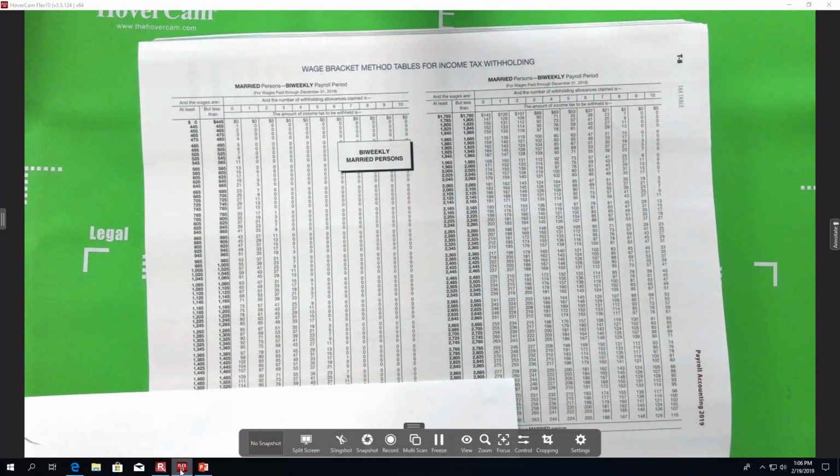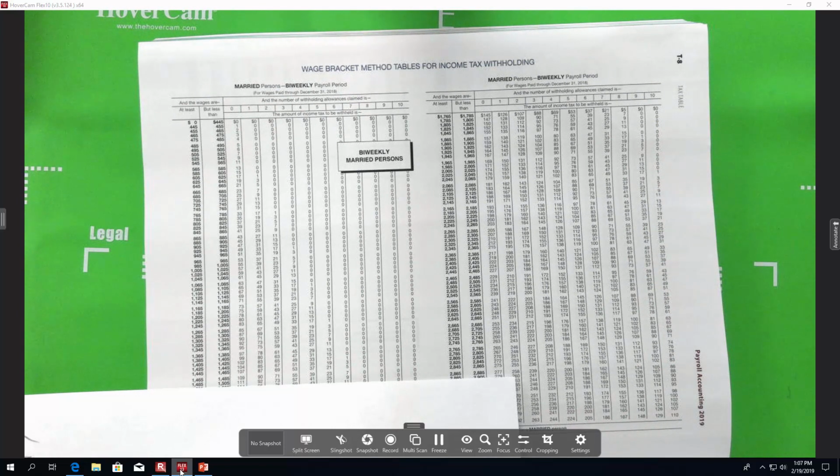Okay, now let's make this a little bit more complicated. I'm going to give you verbally one more fact about her, and I would like you to calculate her whole paycheck. In other words, FICA and FIT, and take it from the gross down to the net. So her gross paycheck is just what I said. She contributes $150 to her 401k.